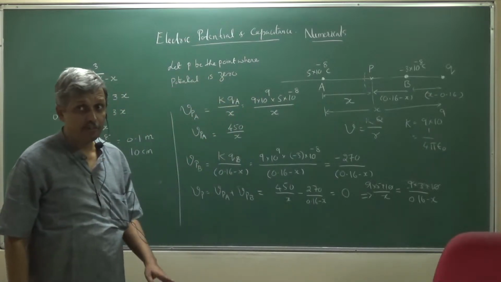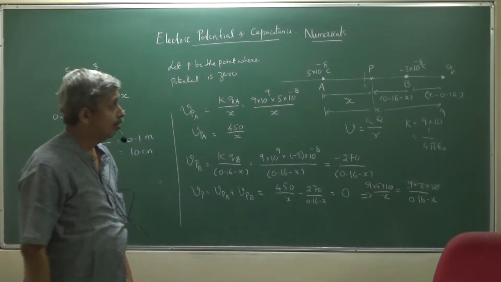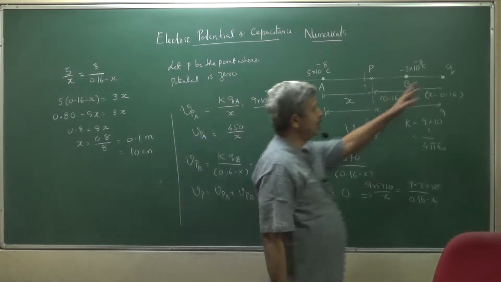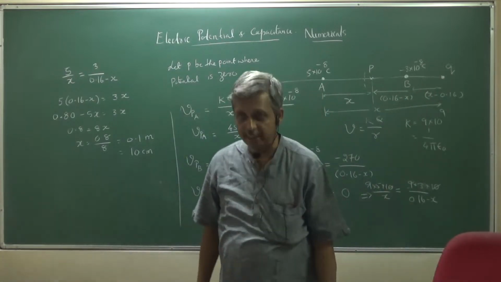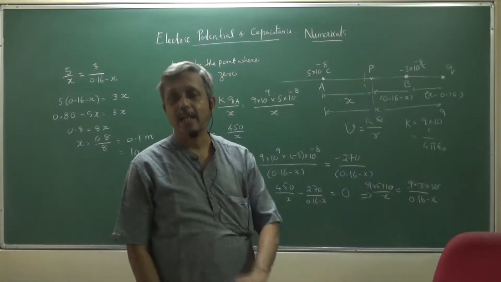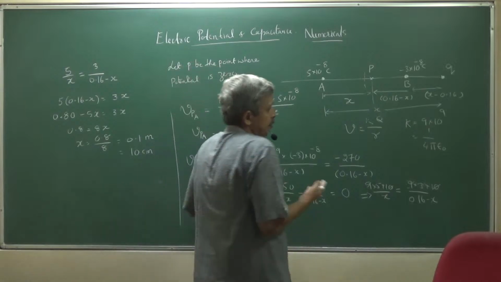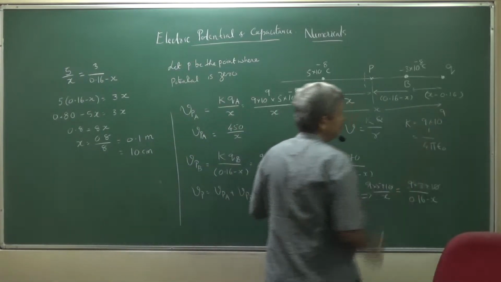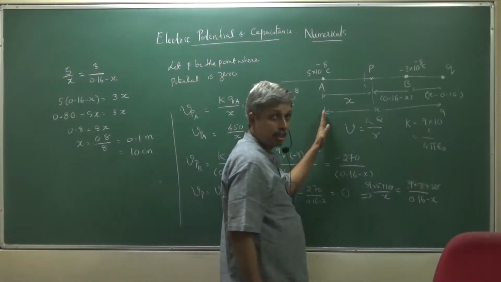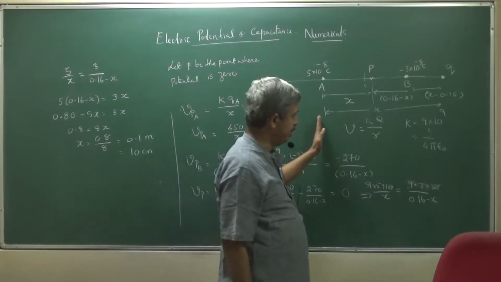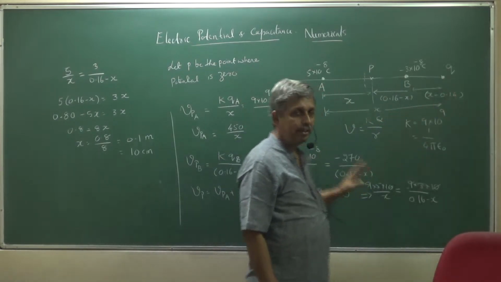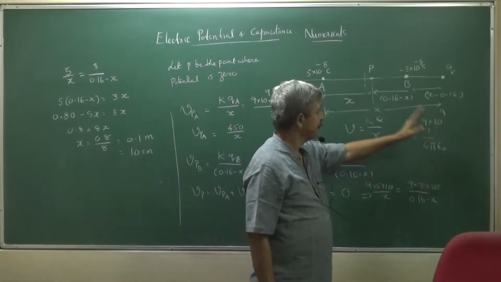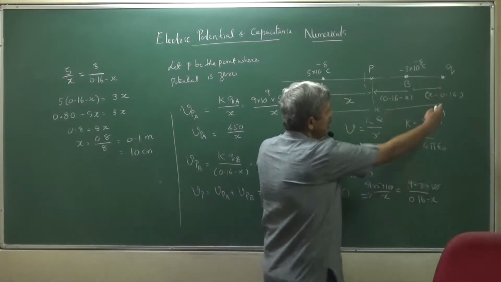So see what we are doing now is we are assuming that it will happen on this side and we are calculating at what point it will happen. So we are taking let it be x. I am always calculating the distance from here as x. From here also you can do it. Okay. But I am doing it from here. From here, in that case, the total is this.